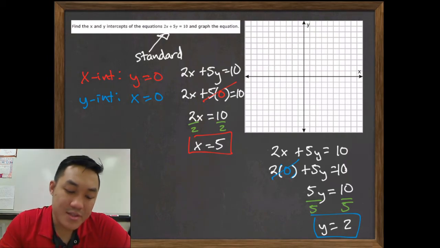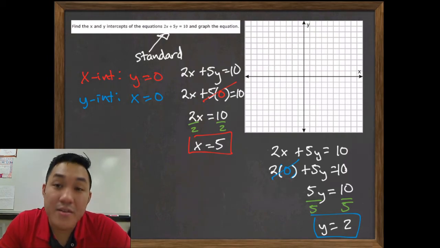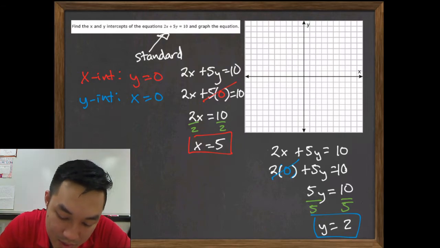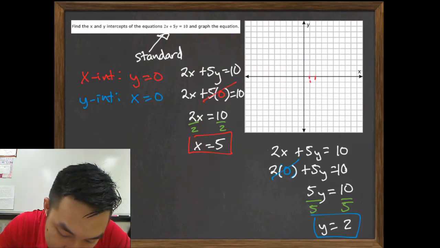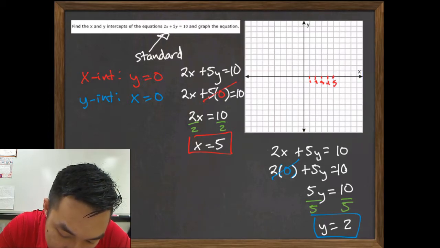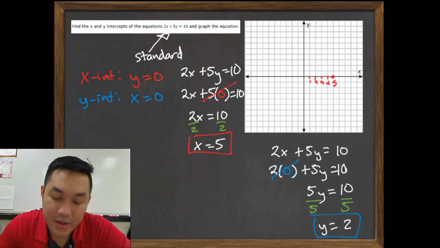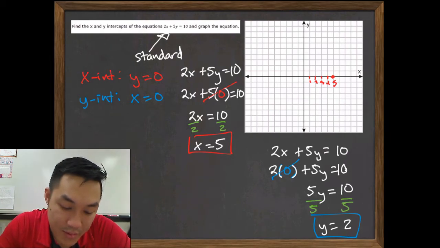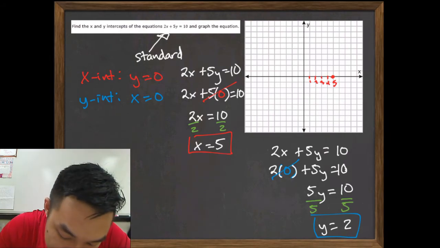Alright, and let me show you how to graph these. Remember, if the x-intercept is 5, that means on the x-axis I'm going to count 1, 2, 3, 4, 5, and that is where you'll have a point. And for the y-intercept, if the y-intercept is 2, let's count that over.